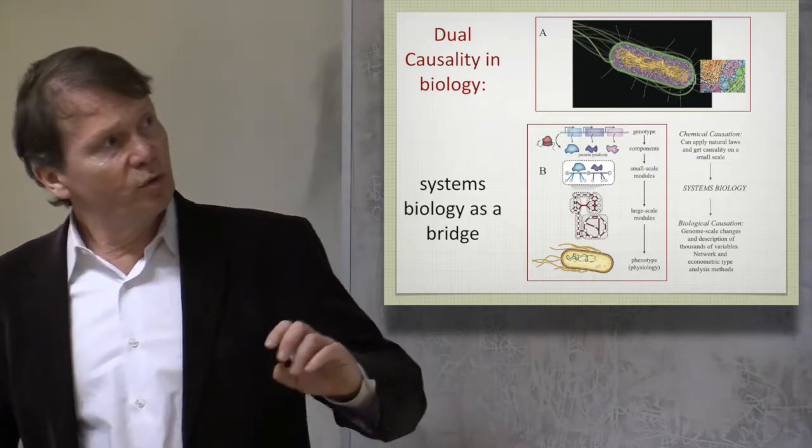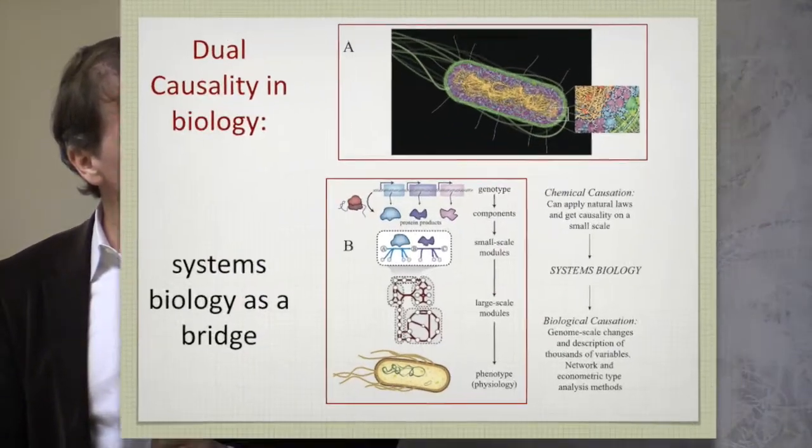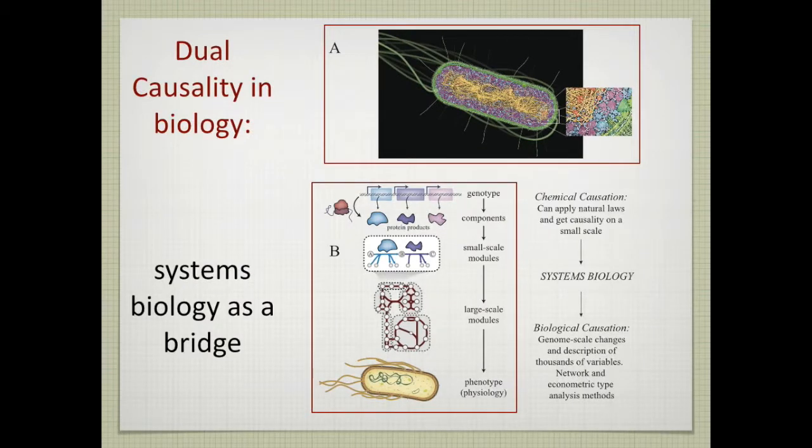What we are trying to do in this class or in this field is to build this relationship between the genotype and the phenotype that we've talked about before, going from this world of chemical causation, all the PChem issues we talked about, to the world of biological causation at the same time, while accounting for these two types of causations, dual causation.